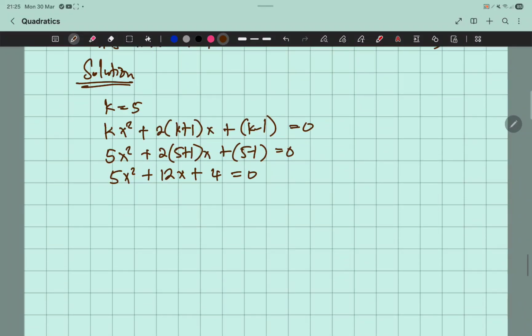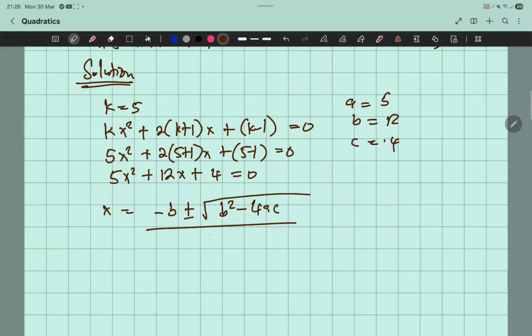So we can factorize, or we can use the quadratic formula. But to avoid wasting time, our a is 5, b is 12, c is 4. So x equal to negative b plus or minus root of the discriminant, which is b squared minus 4ac, over 2a.